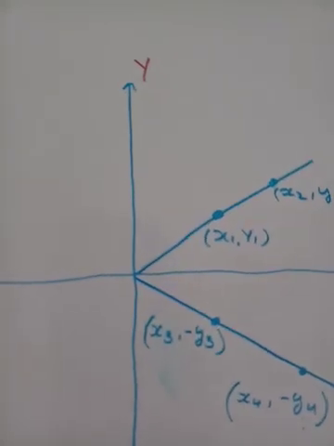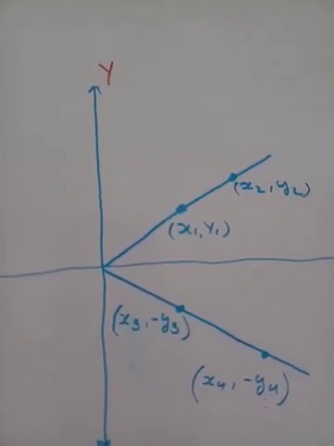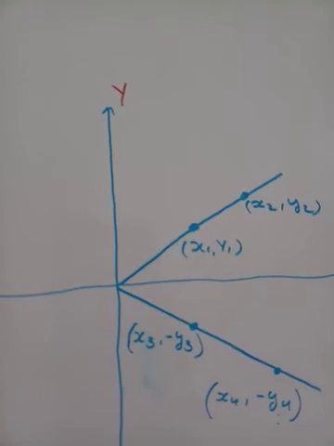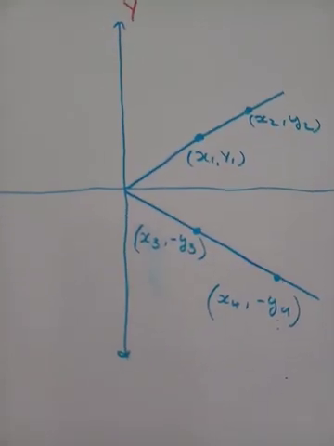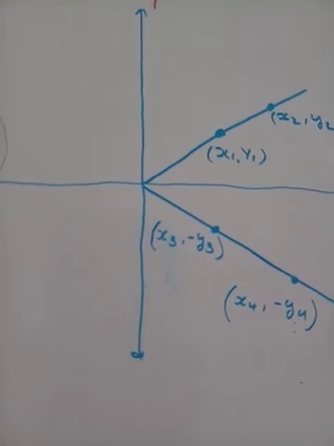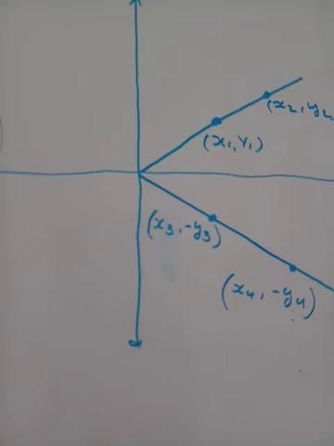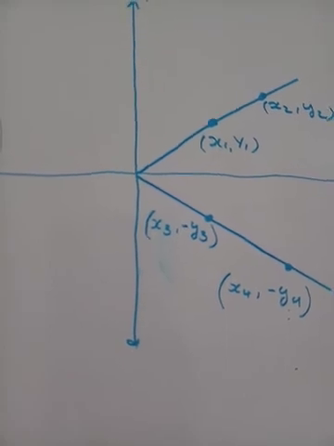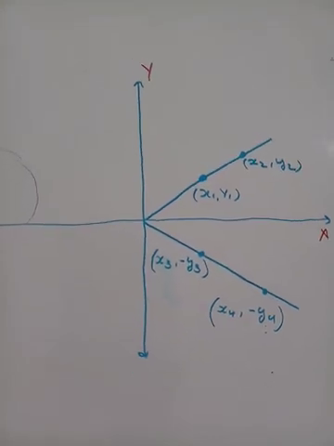You can take a look at the coordinates. (x1, y1) and (x2, y2) are any 2 points on the upper graph line, and on the lower graph line they are (x3, y3) and (x4, y4). The y values in the lower graph are negative, because in the fourth quadrant the values of y become negative.